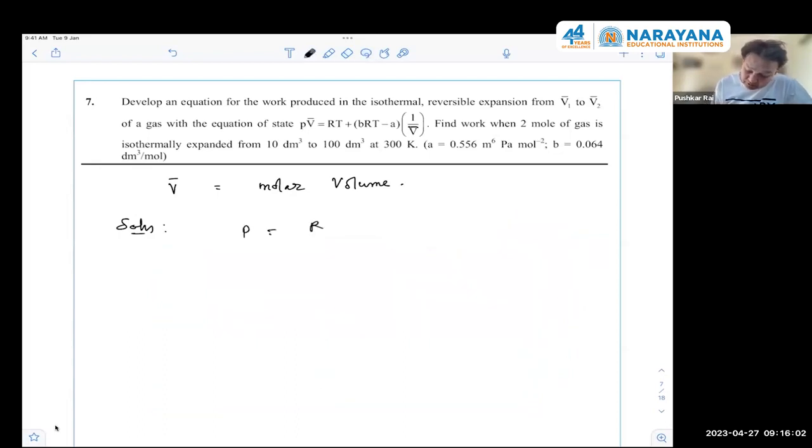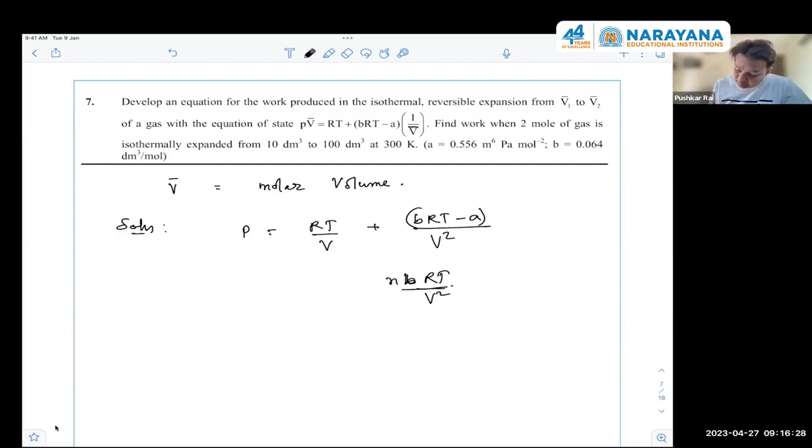P is equal to RT by V plus VRT minus A by V square. Very good. So we can see that now VRT by V square. So one B is cancelled, RT by V is pressure. So B is of course NBRT by V square. It should be NBRT by V square.